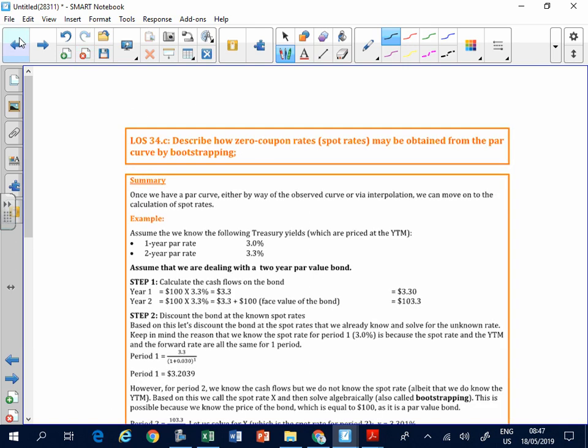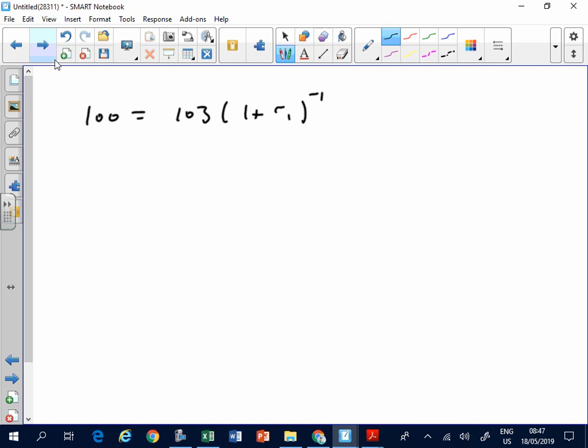Then I go back to my information. But now the price of a 2-year par bond is equal to what? Equal to 100. I'll go back here. This is for the 1 year. Then for the 2 year, I know 100 is the price of the bond.